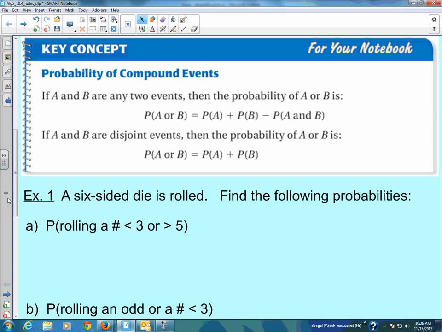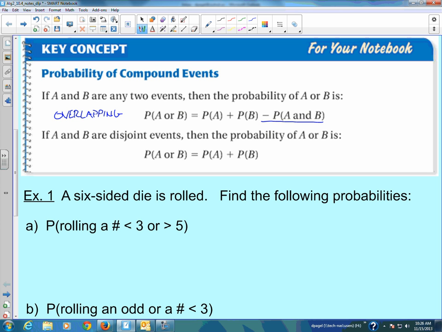So the probability of compound events breaks into these 2 categories, this overlapping category and this mutually exclusive category. The overlapping category, again, removes what's being shared between the probability of the events A and B independently. So in this case, your overlapping probability of A or B occurring subtracts the probability of A and B occurring at the same time.